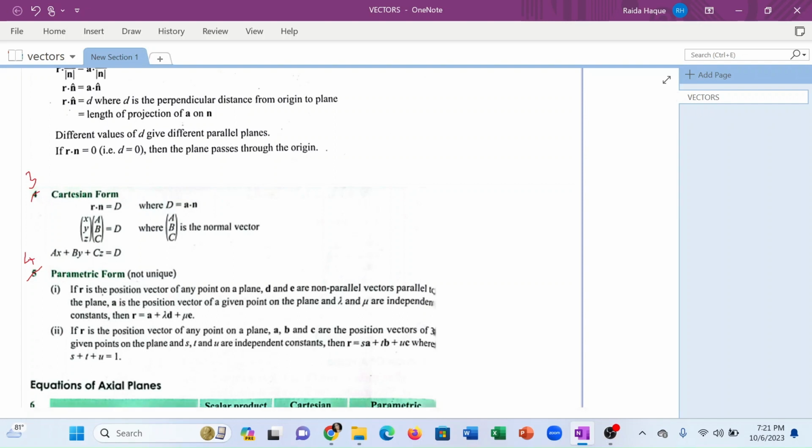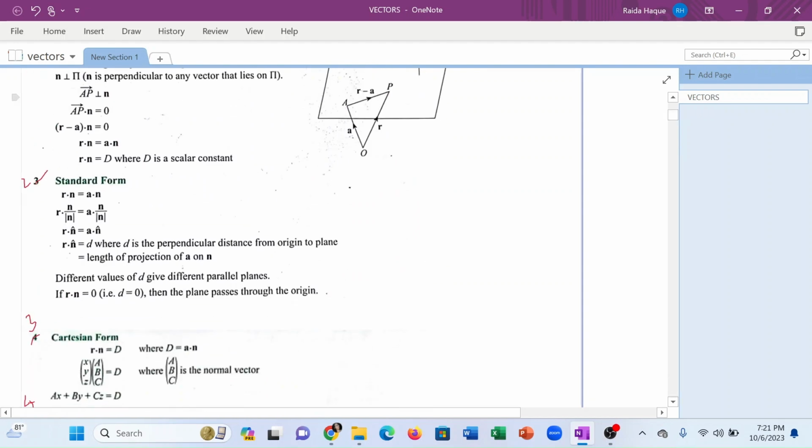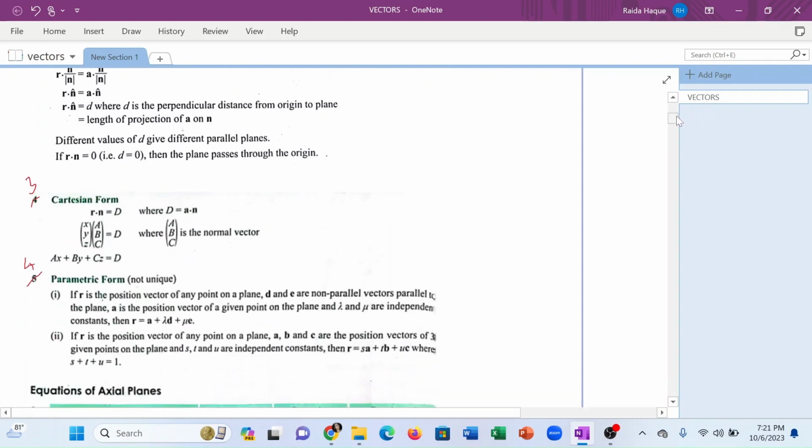Now a, b, c, these coefficients refer to the normal. So if you have a normal of 2, 1, 3, then it will be 2x plus y plus 3z equals d. And we already know what capital D is. That is the scalar product that we find, okay? By multiplying any point with the normal, the scalar constant that we find, that is d.